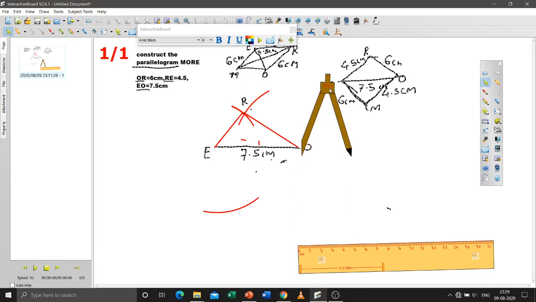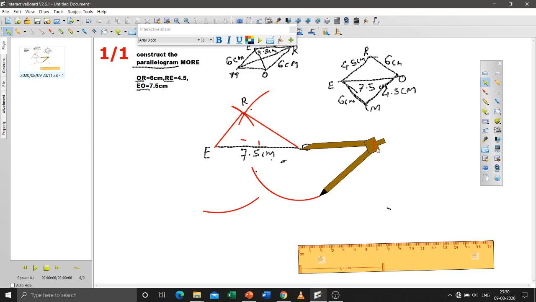Now by taking O as a center, draw the arc. Here we are not getting the intersecting point. So again we will draw the arc of 6 centimeter to get the intersecting point.